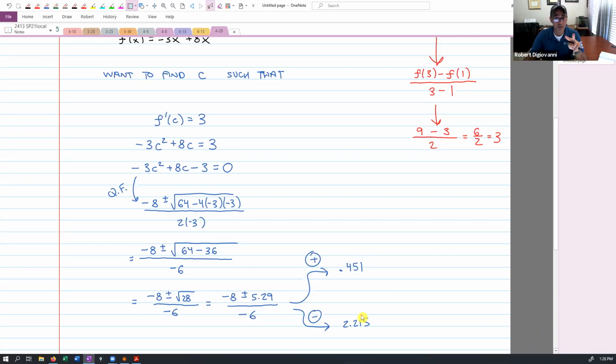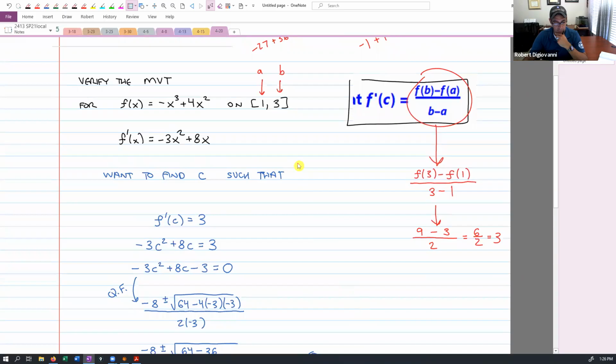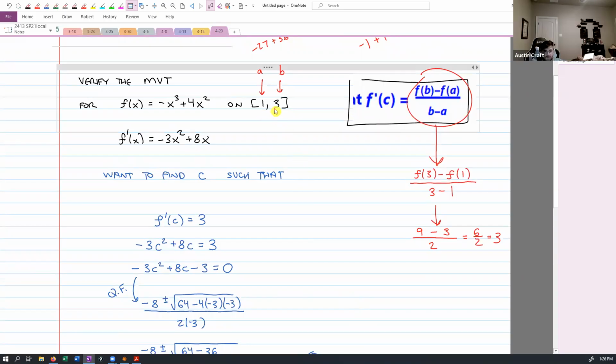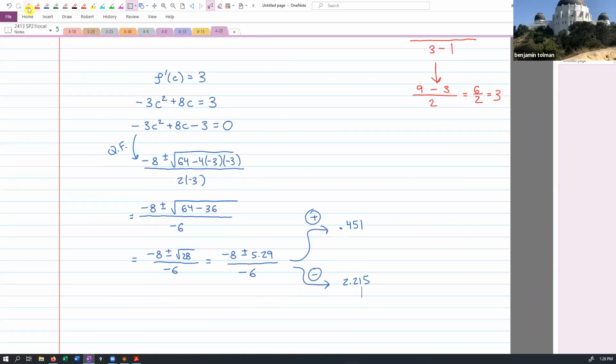So do I have two answers? I have two answers, but is my final answer going to be both? One might work, but one might not. Yeah, one doesn't fit the interval. You'd have to find it within the interval, between 1 and 3, right? Yeah, it has to be between 1 and 3, which means the first one doesn't fit. You're going to throw out the first one.